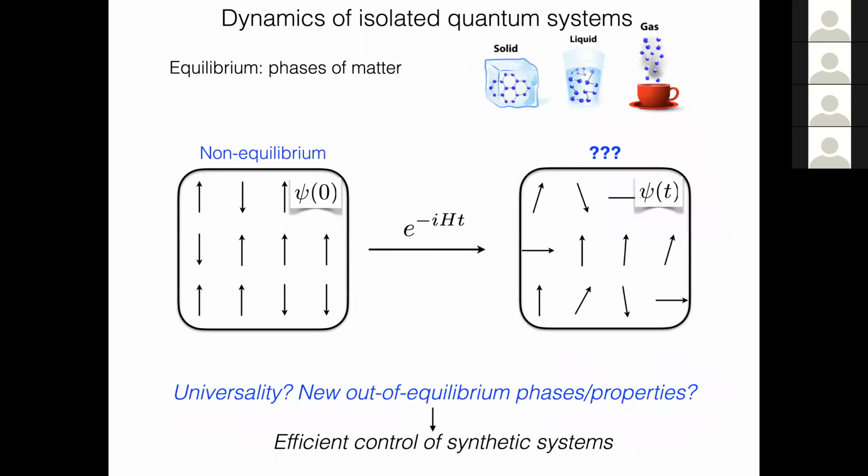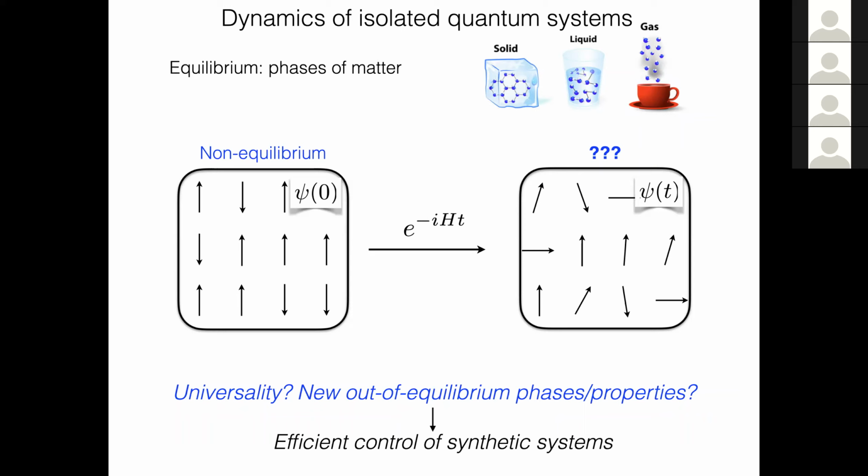And theoretically, a general theme over the past several years has been aiming to understand different universality classes of non-equilibrium dynamics. Can we have a notion similar to a phase of matter in equilibrium?